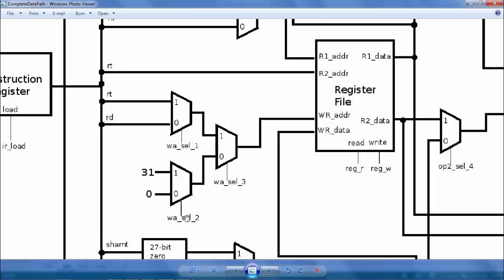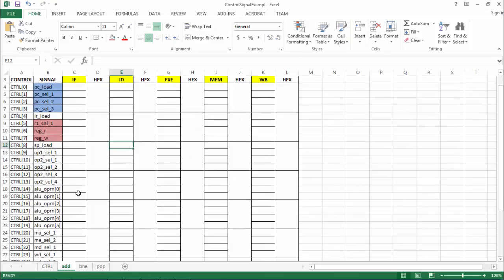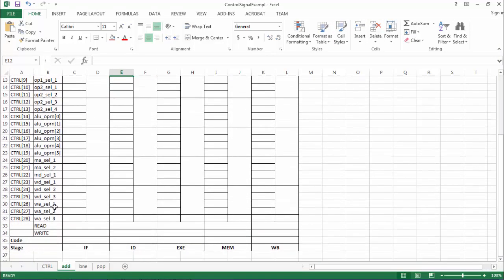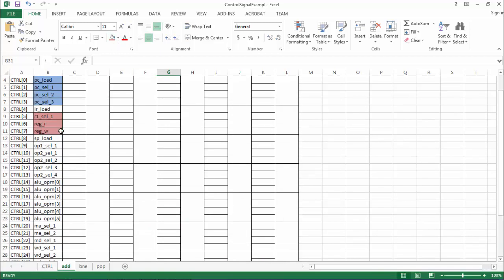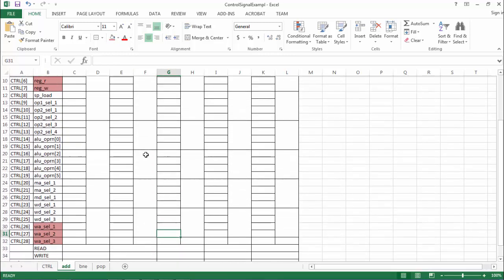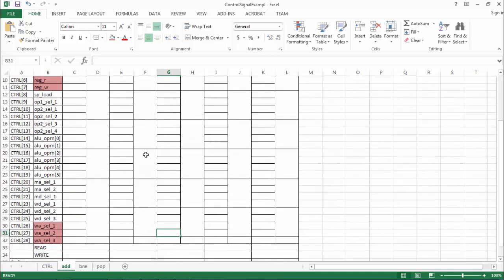It has a bunch of control signals involved there to determine the right address of the register during the write back. So let's also group them, WA selection. Let's put it salmon, the same color as this one. These are all related to that register address selection, read and write.